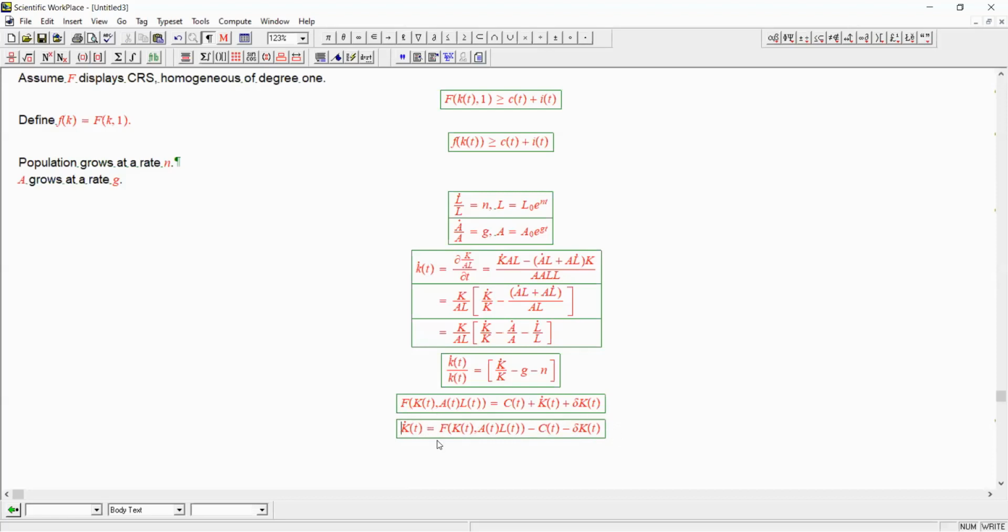Now, multiply and divide both sides by AL. So AL over AL, I'm suppressing T. AL over AL. That means that this is going to transform here into f of k, small f of k, AL over AL here.